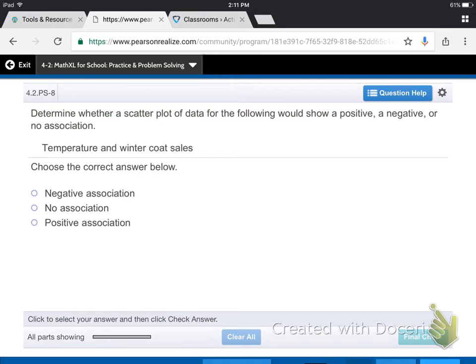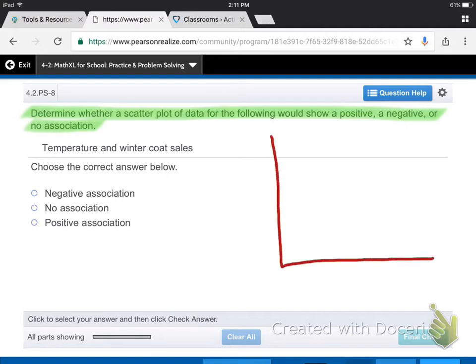Okay, next problem says, determine whether a scatter plot of data for the following would show a positive, a negative, or no association. So we're looking at temperature and winter coat sales. Let's make a graph, and we'll put temp down here, and we'll put coat sales, we'll just make a dollar sign.